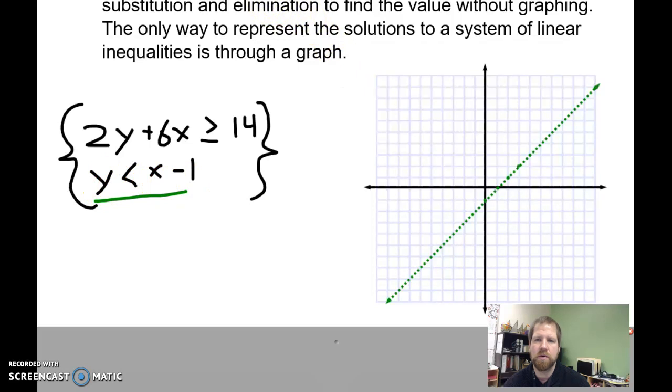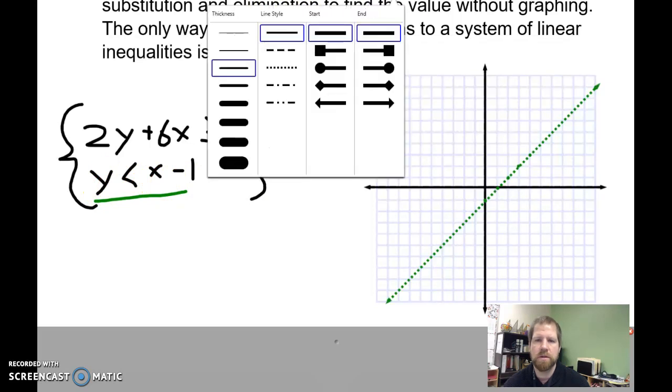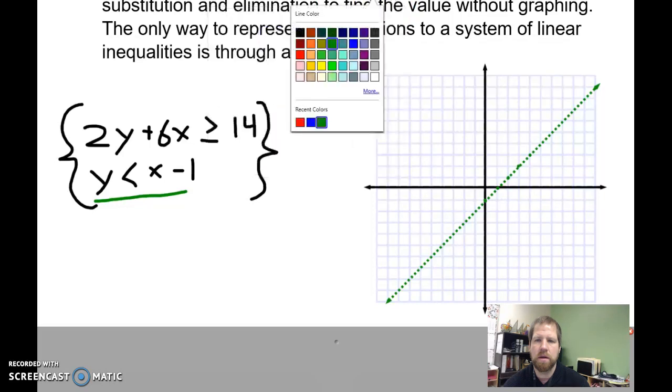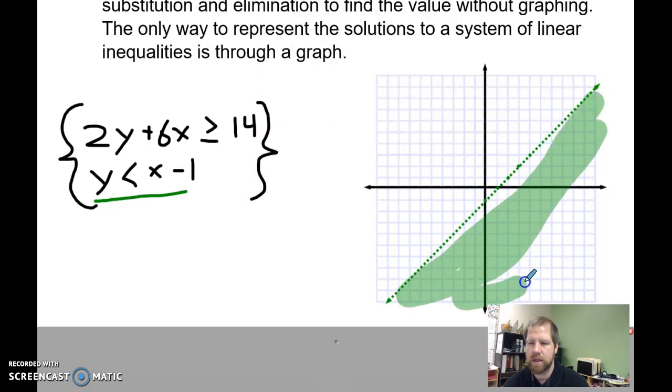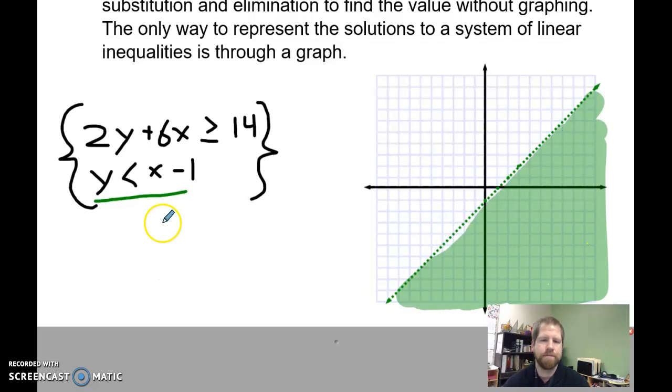So the area I'm going to be shading is below my line because it's less than. So it's going to be down in here. I'll try and shade that quickly. Don't need to be too careful. Something like that. Okay, good, so done with that one.